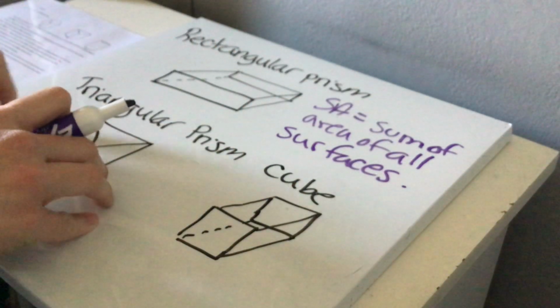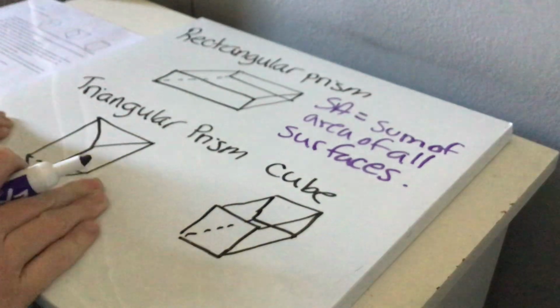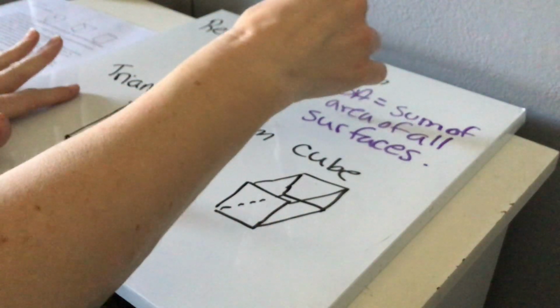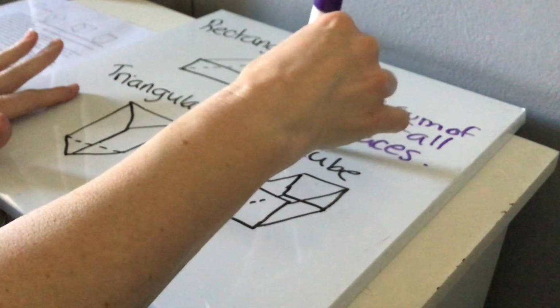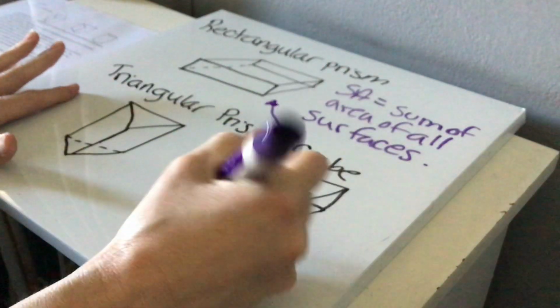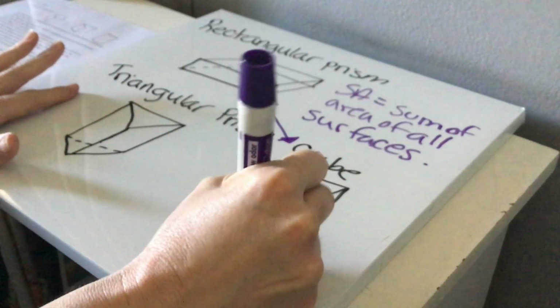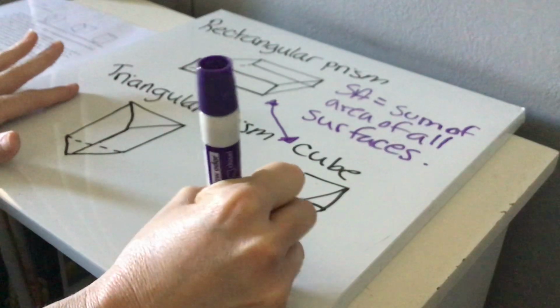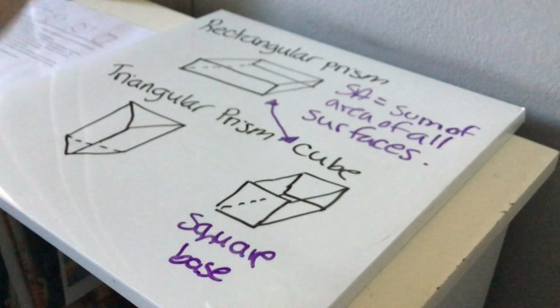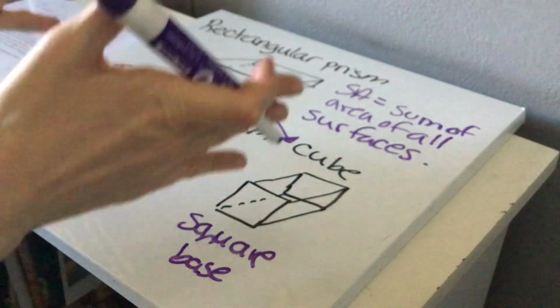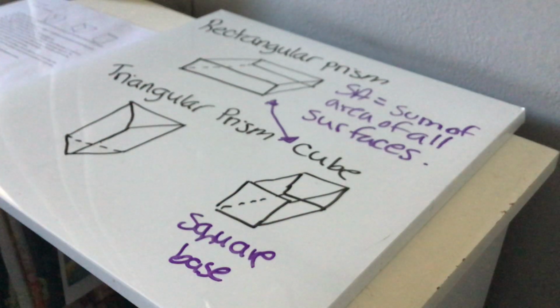A rectangular prism and a cube are kind of the same; a cube just has a square base instead, so it still has six surfaces.